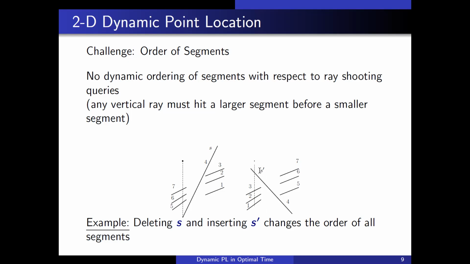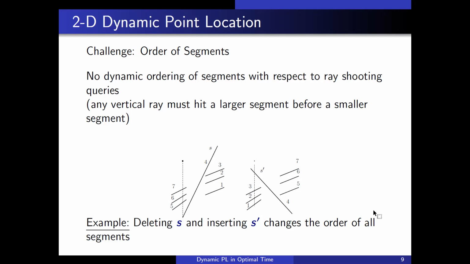So now, of course, S prime should be assigned number 4, and these 3 segments will be 7, 6, 5, and these 3 segments will be 3, 2, and 1. So you can see that the order of segments has changed in a very significant way, and it was achieved by just deleting and inserting one segment.